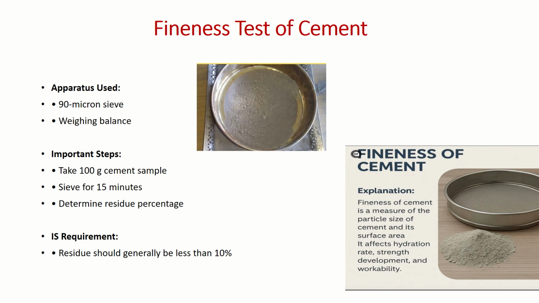As per the IS requirement, for OPC cement it should not be more than 10% residue, and for rapid hardening cement it should not be more than 5% retained on the sieve. Means most of the particles are finer than the 90 micron sieve.